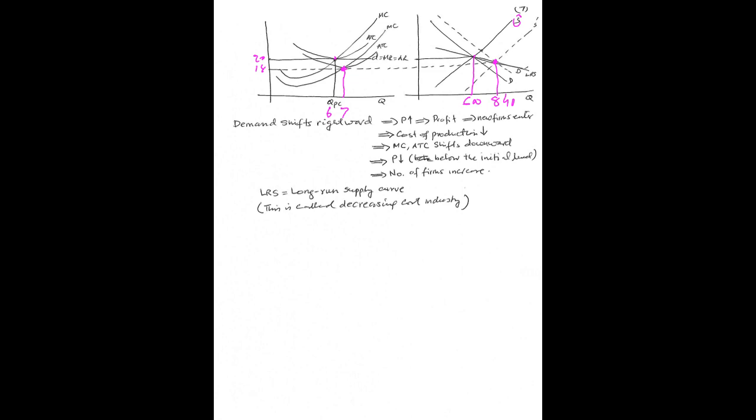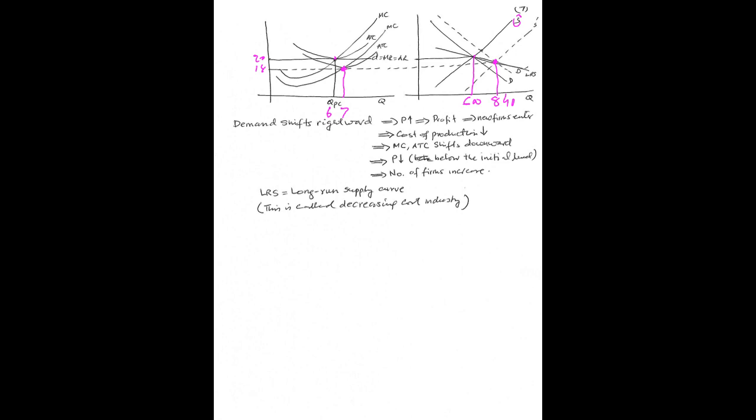Now see what is happening. Initially, without the change in demand and then corresponding supply and then the shift in the cost curves, the equilibrium price was 20. Each firm was charging $20. Each firm is producing 6 units. The total industry output is 600 and there are 100 firms. When demand increases for this product, supply will also increase.